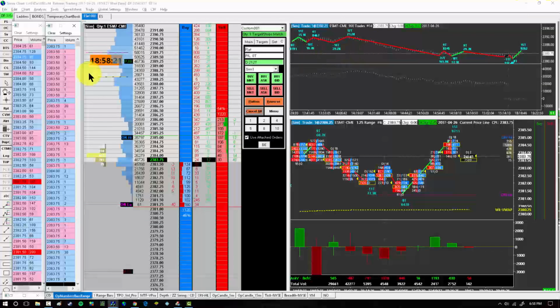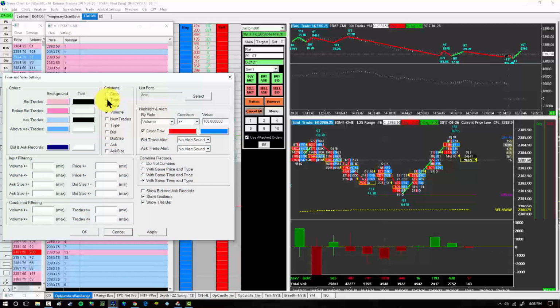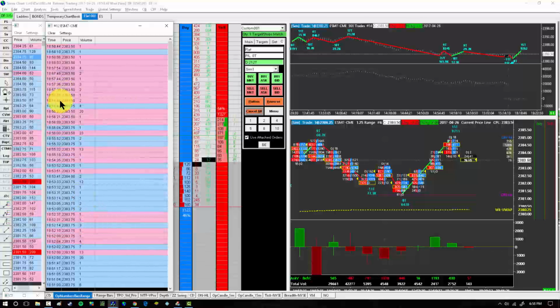So let me minimize that. On this side, you have the time and sales. This is the reconstructed tape. So you can see I don't have a lot of noise happening here. I think I have it filtered so that this only shows at least 50 in volume for any order that comes in at exactly the same time. And you'll see if I go ahead and put in, for instance, let's load on time, a lot of these orders come in.